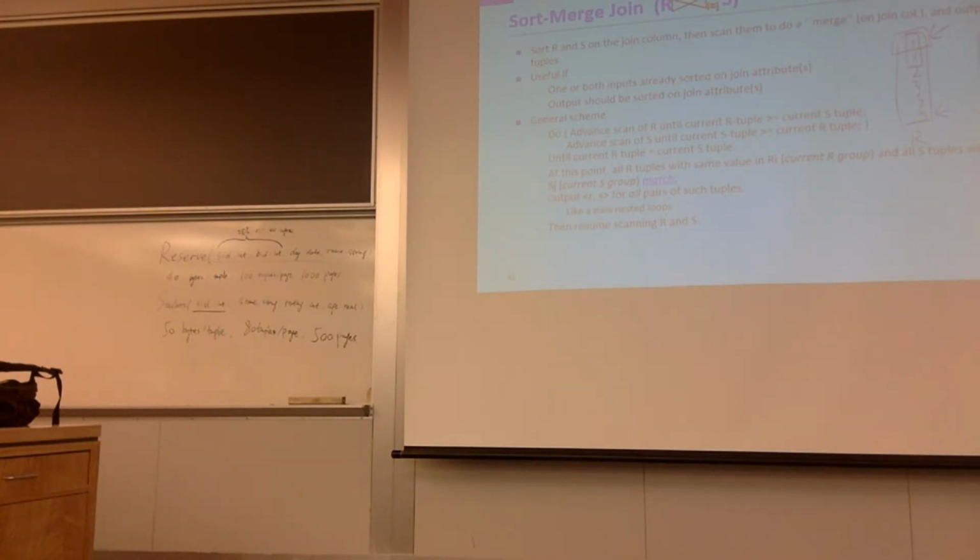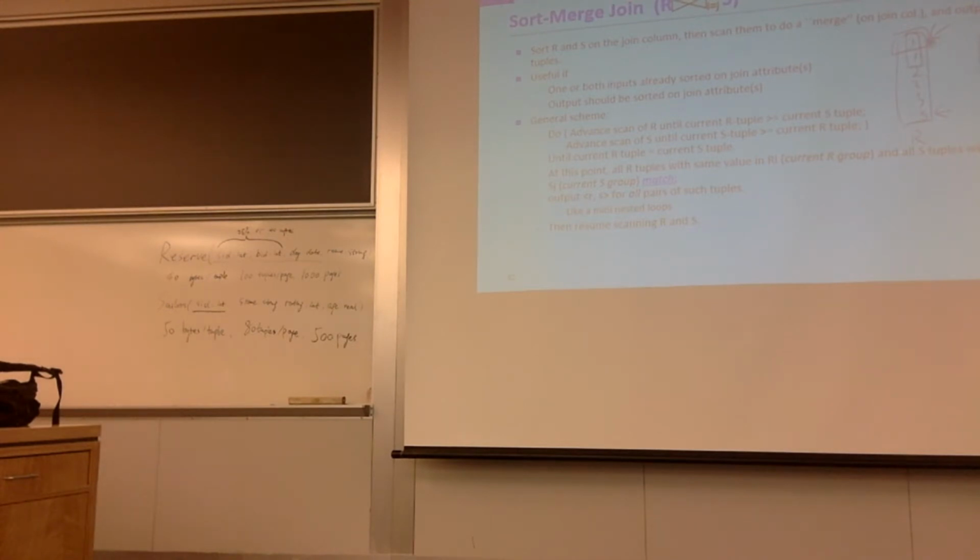Once you do that, since currently the key on the right is greater than the key on the left, you start moving the pointer on the left. Whenever you find the two keys don't match, you move the pointer that has a smaller key downward.